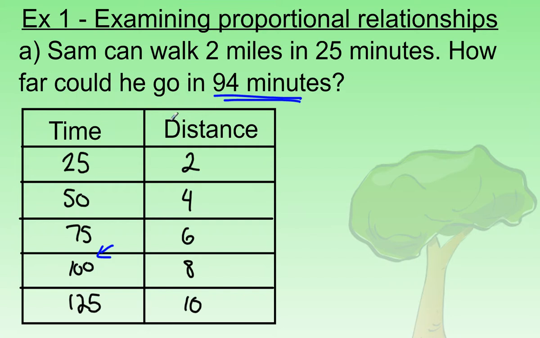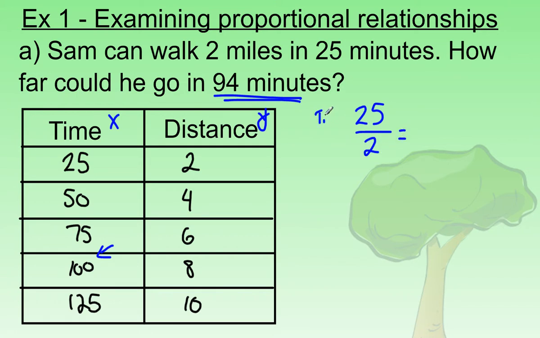So since this relationship is proportional, because Sam's walking at a constant speed, we can use a proportion. X variable, Y variable. And so we could say, well, 25 minutes, he can go 2 miles.